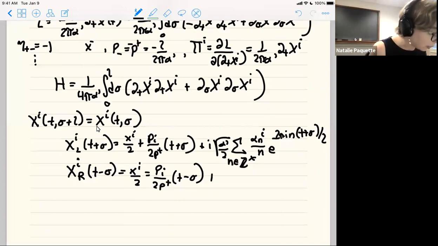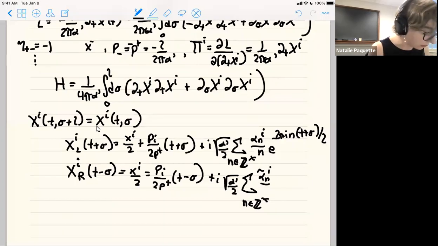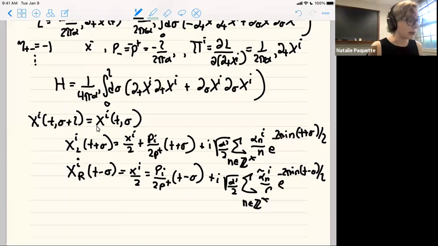And we also have an infinite tower of oscillator modes, one set for the left movers and one set for the right movers. So far, they are completely independent. The periodicity of the string ties the momenta together, but the oscillators are just two independent sets of decoupled oscillator modes.